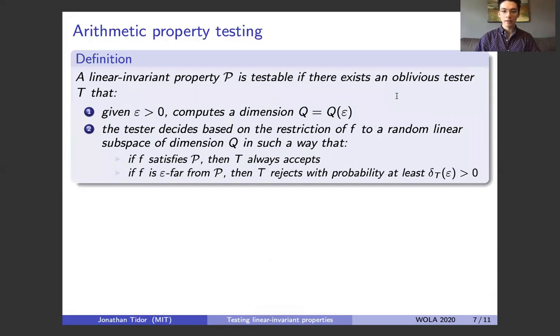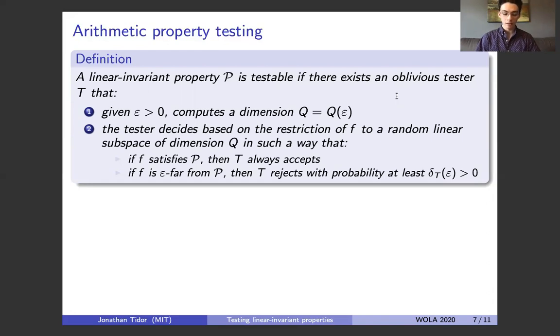We say that a linear invariant property P is testable if there exists an oblivious tester T that works as follows. It's given epsilon greater than 0, and then computes a dimension Q, which depends on epsilon. Then an oracle selects a uniform random linear subspace of dimension Q and gives the tester access to the function f restricted to that subspace.